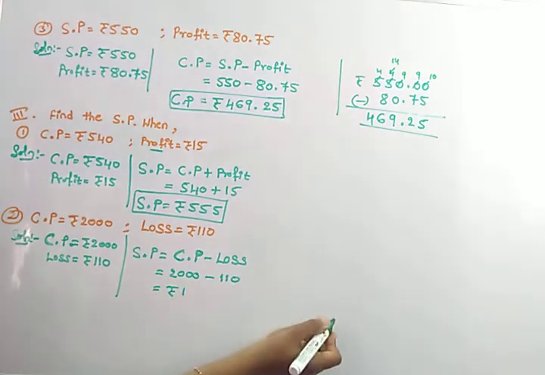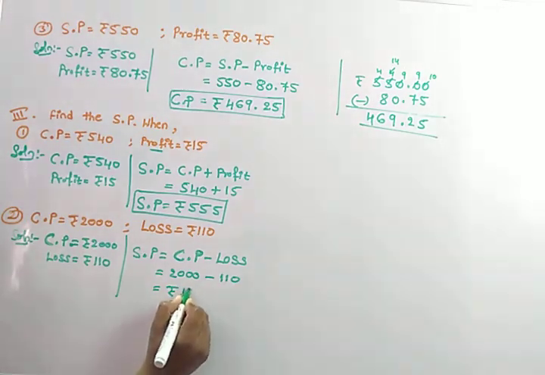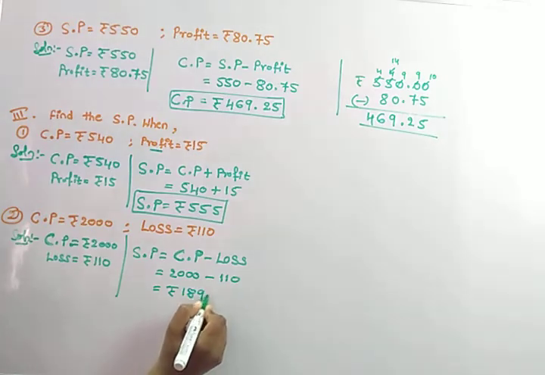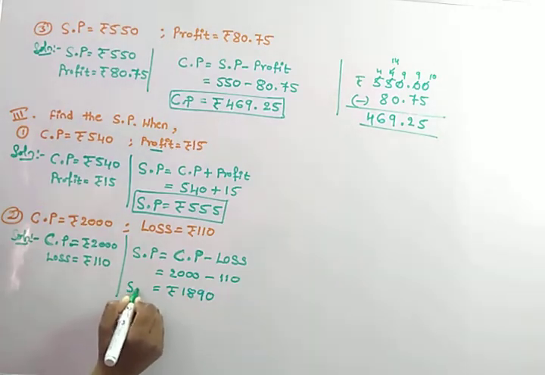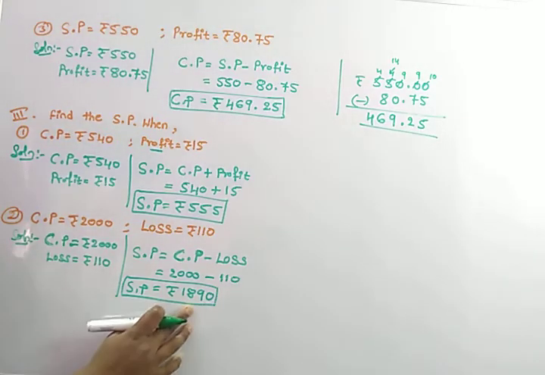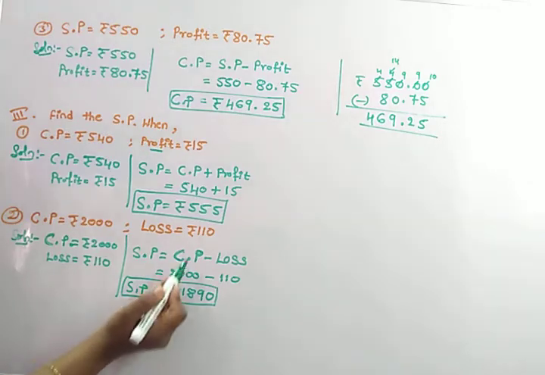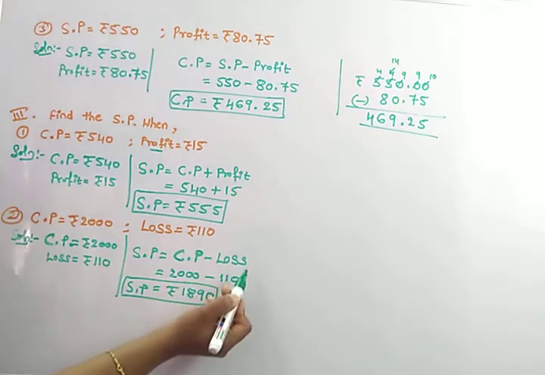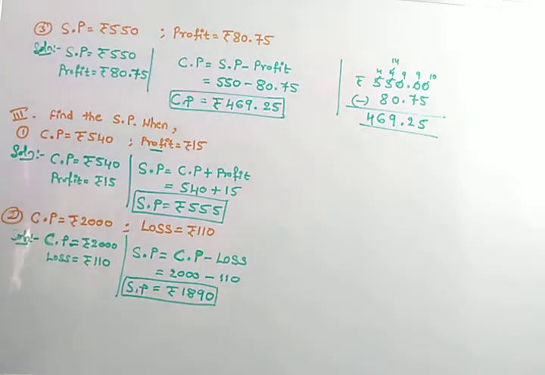If you want, you can do the subtraction here. So the SP is equal to 1890 rupees, the selling price. The cost price is 2000, so then the loss is 110 rupees.